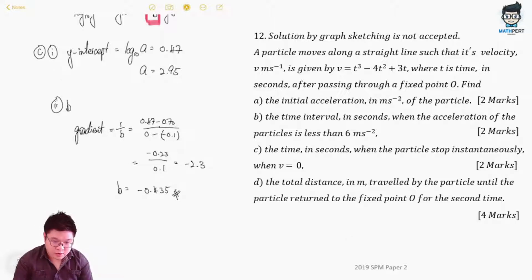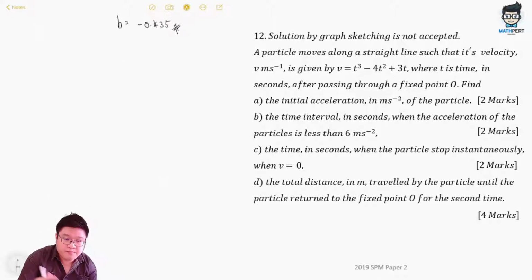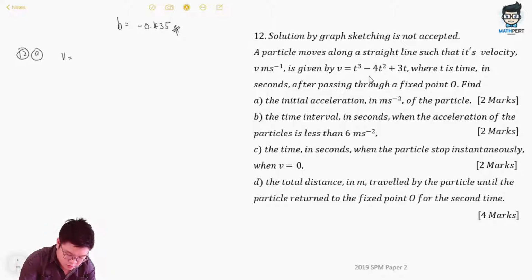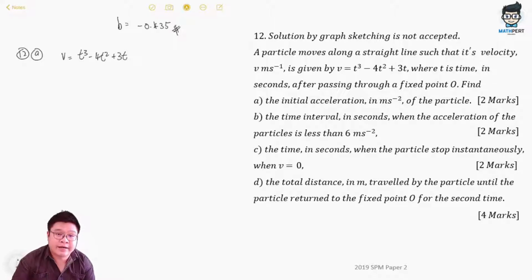Alright, so let's take a look at A first. Alright, so 12A. Okay, acceleration. We are given the velocity formula, which is v equals t cubed minus 4t squared plus 3t. So from here, we can generate the acceleration equation by differentiating the velocity.